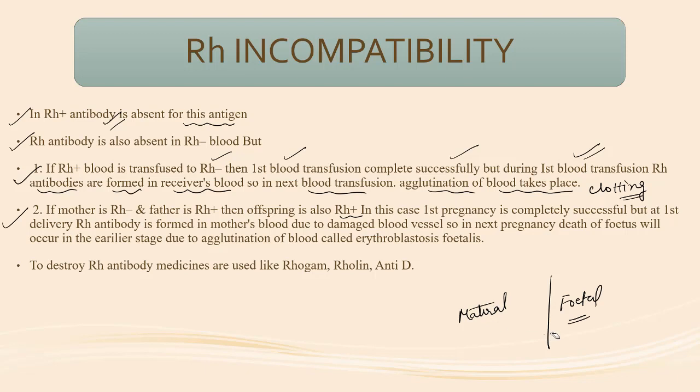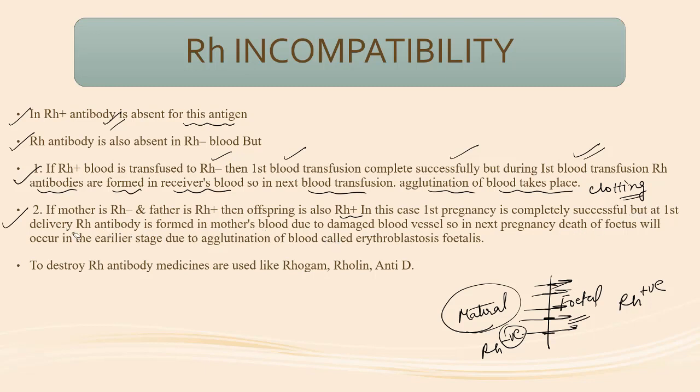So because of cutting of the umbilical cord, pores are created, and the blood moves through these pores. For example, if the fetus is Rh positive, the Rh negative maternal blood will create antibodies, and these antibodies will be transferred to fetal blood.